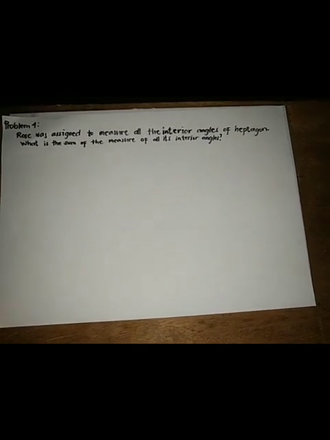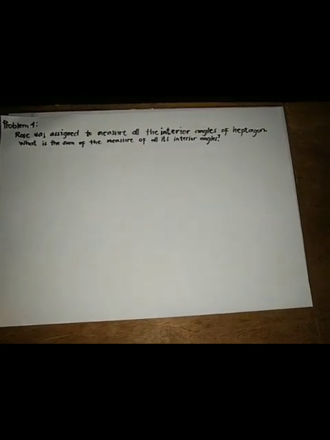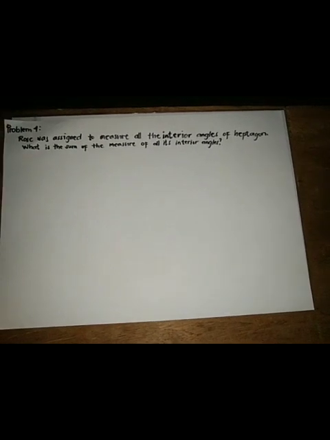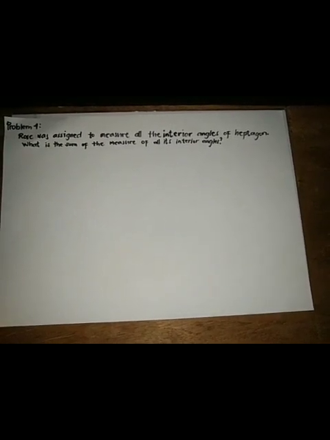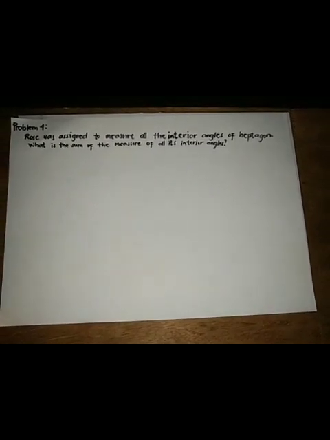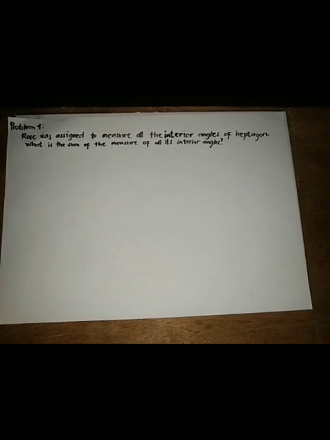Step 2. The sum of all the interior angles of a polygon can be solved by subtracting 2 from the number of sides of the polygon, then multiplying the result by 180 degrees. Consider that a heptagon is a 7-sided polygon. Step 3. So let's solve this problem.